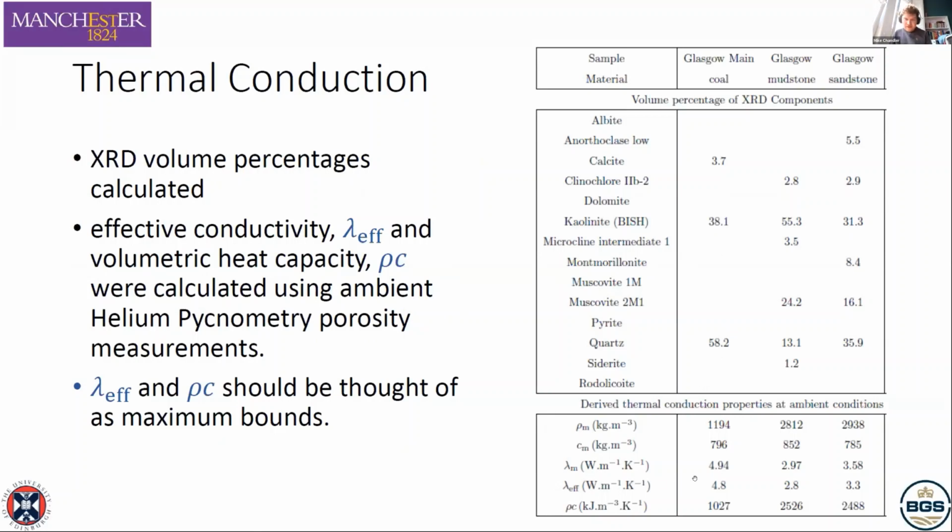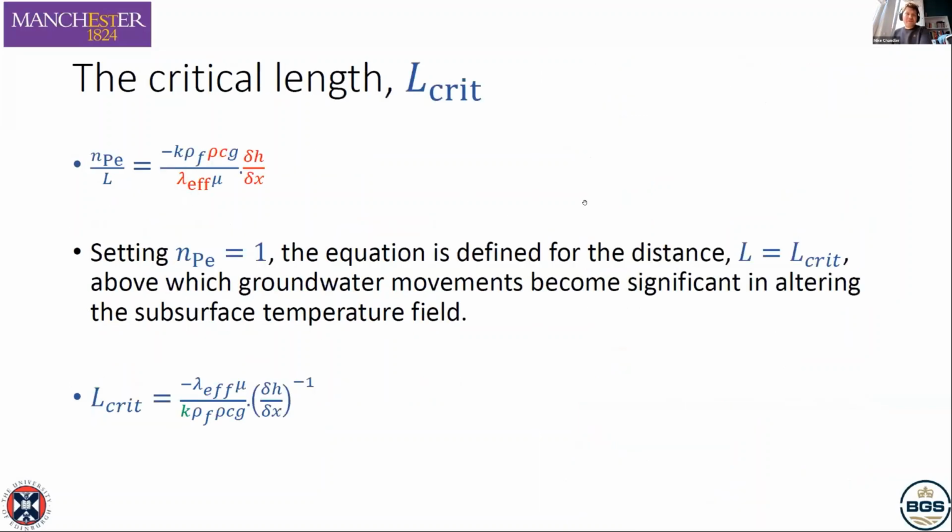I will note that the effective conductivity that I've determined for the coal in this sense is much higher than that Dave just presented from direct measurements. So there's perhaps something I need to think about there. Obviously, I would tend to assume the direct measurement is correct rather than just a determination from the mineralogy.